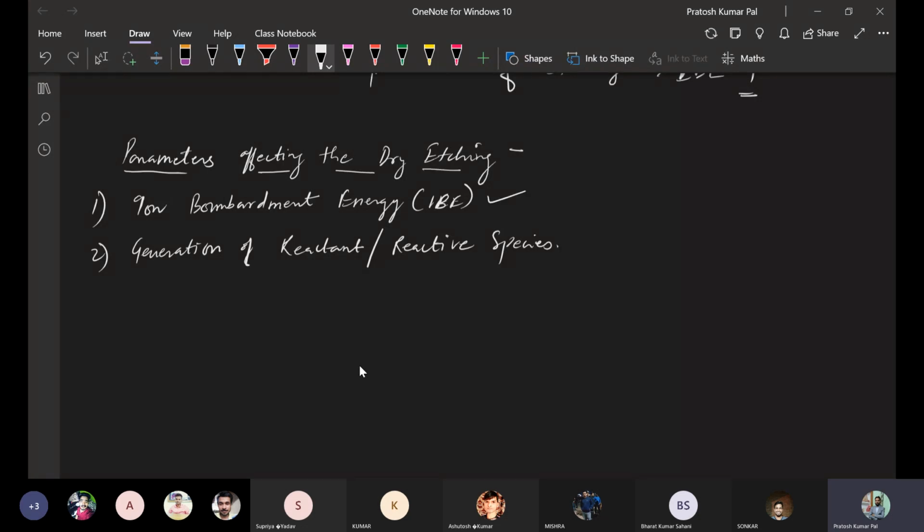One of the important parameters is ion bombardment energy basically. So how we are going to provide energy by using the setup, and how this energy can be increased or decreased, will depend on different parameters.